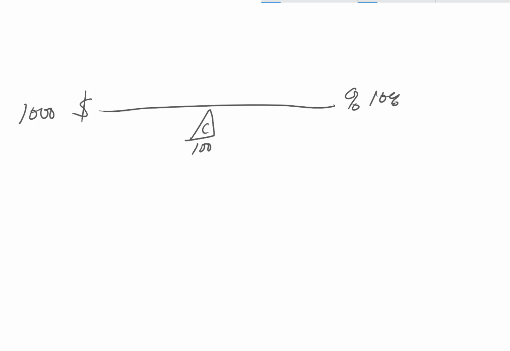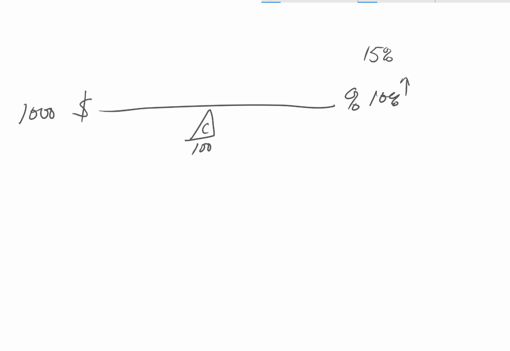Now, if you buy this bond and some time passes and interest rates rise to 15%, well, nobody is going to pay you $1,000 for a $100 a year coupon or a 10% yield when they can get 15% on other bonds.